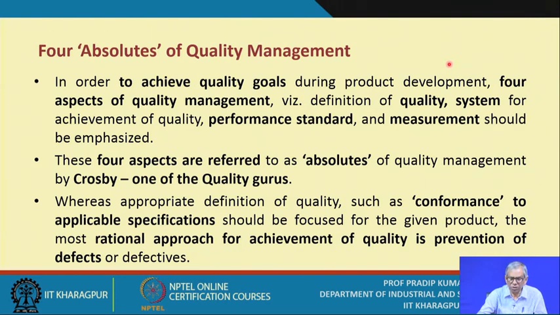Now if you look at those aspects, four issues of quality management are very, very important. And these four aspects are: the definition of quality, which particular definition you believe in; the system for achievement of quality, which you should highlight; the third one is what kind of performance standards you should adopt, that means what is your quality goal; and the measurement should be emphasized, and how do you measure quality?